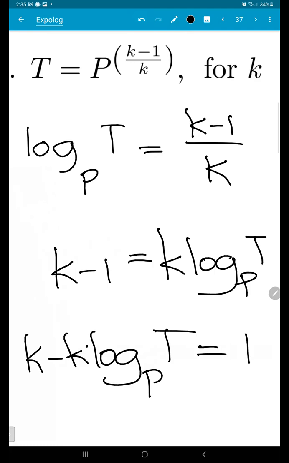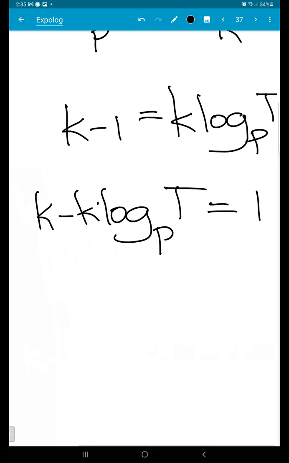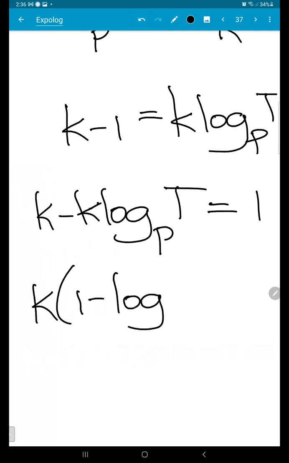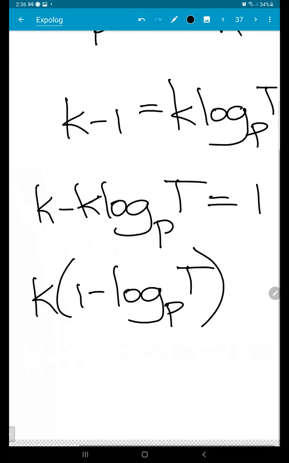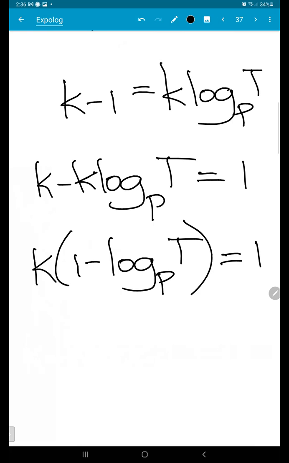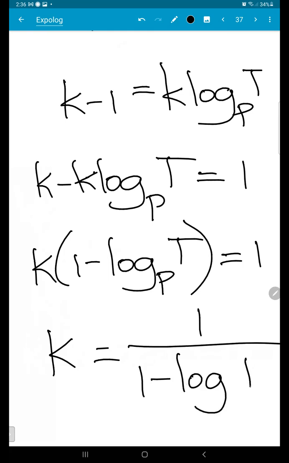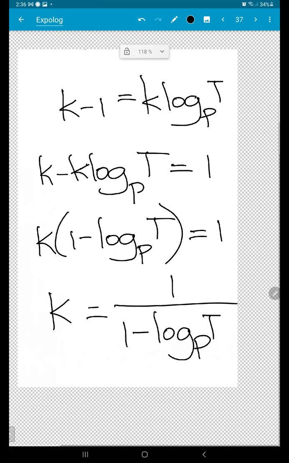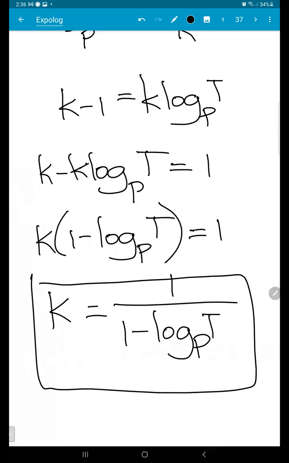All those with K, I transferred to the left-hand side, the others to the other side. Then to solve for K, you just have to factor it out. And then finally, divide.